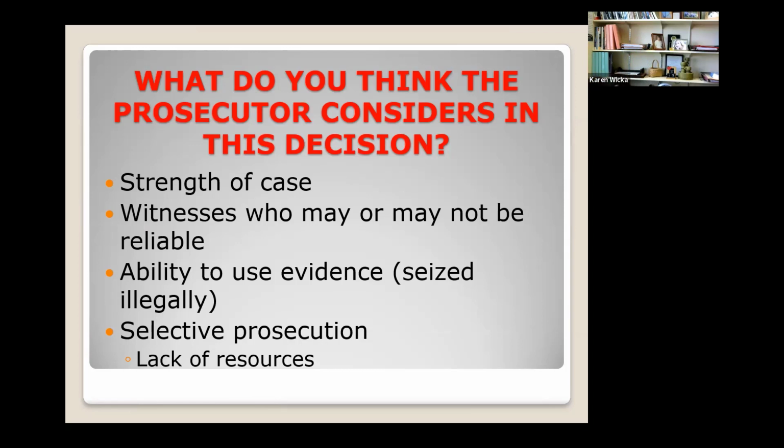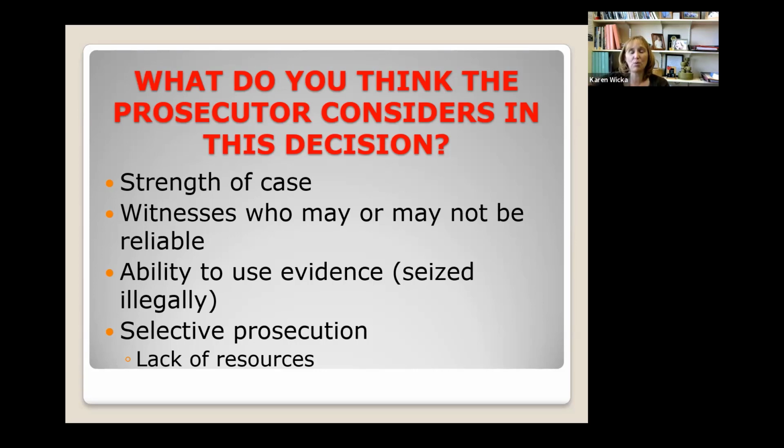The first one that they're going to consider is what's called the strength of the case, okay? They want to know how much evidence actually exists. If it's a very strong case where the prosecutor has lots of good evidence provided by the investigators, they were able to find lots of things, and the chance of being convicted is pretty high because you have great evidence, that is going to help make the decision.